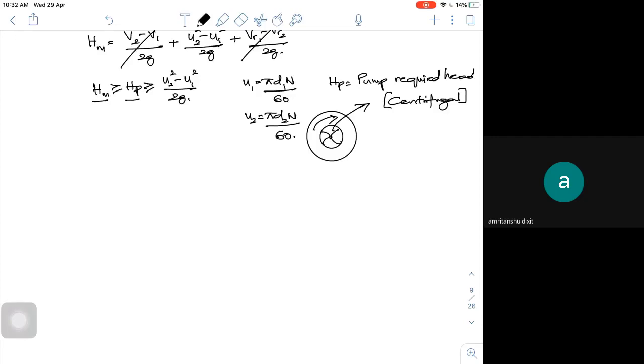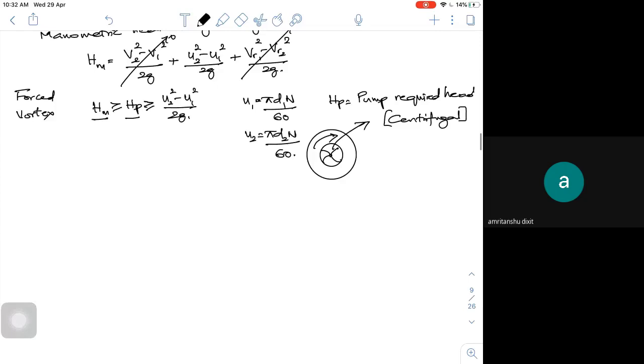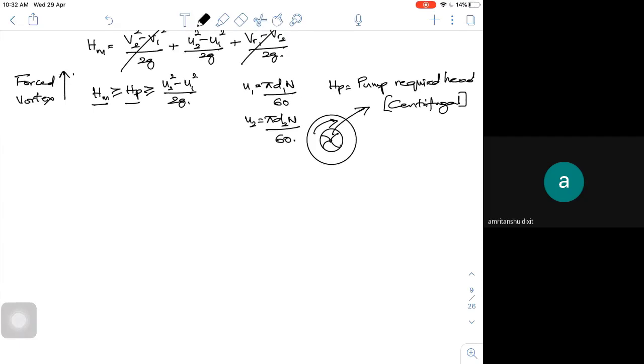What is your manometric efficiency? Already we know that manometric efficiency is equal to manometric head by your Euler head. So I should ensure that when this HP is greater than HM, a forced vortex is created, which will push the fluid out.